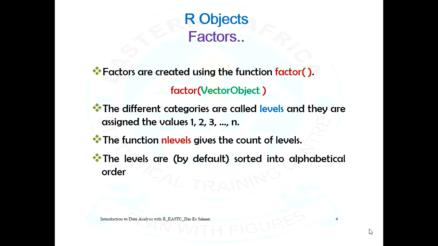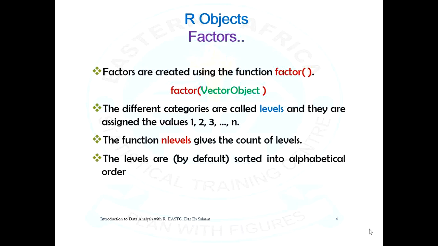So you simply type factor, open and close brackets, and in the brackets you type either the name of the vector object, or you specify a vector if you haven't specified one. It depends on what you have at hand at that particular time.